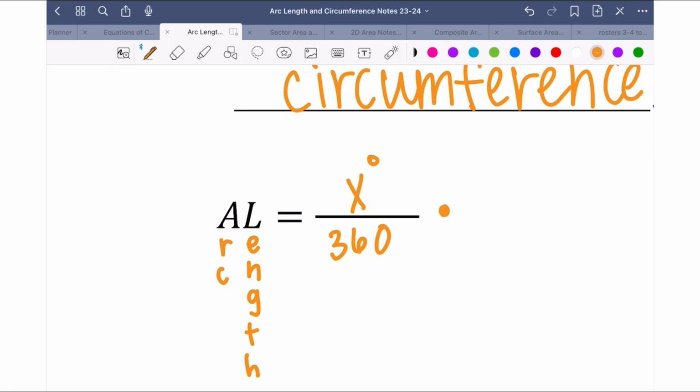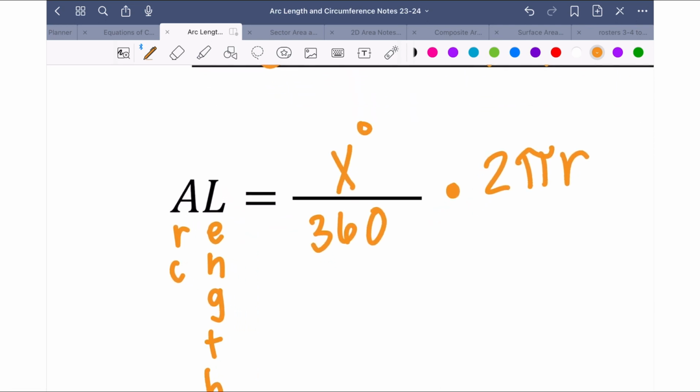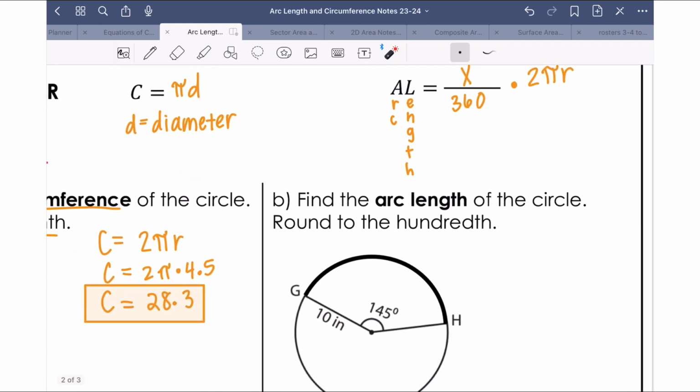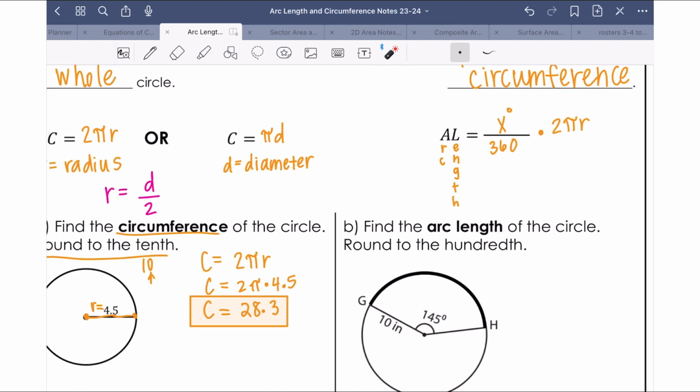So your portion of the whole 360 circle times the circumference, which is 2 pi r. So the portion times the circumference. That's the formula. All right. And you don't have to memorize these formulas. You just have to know how to use them.